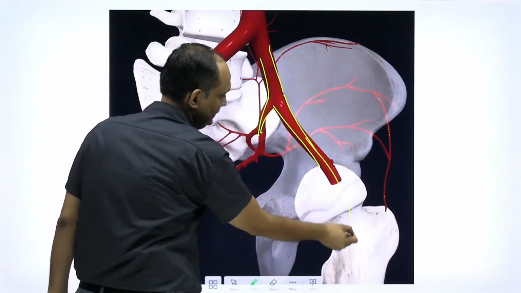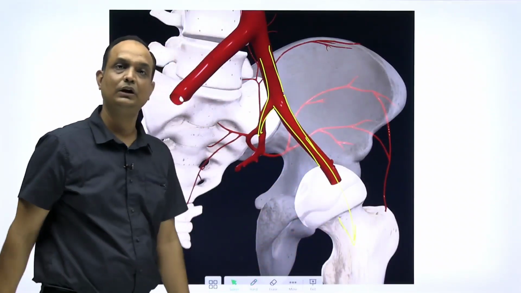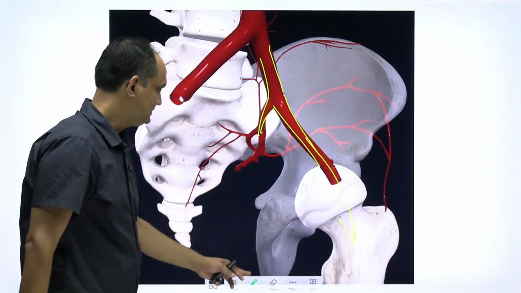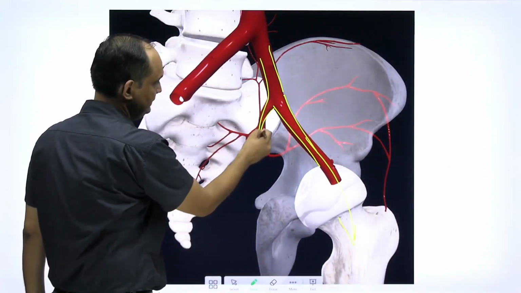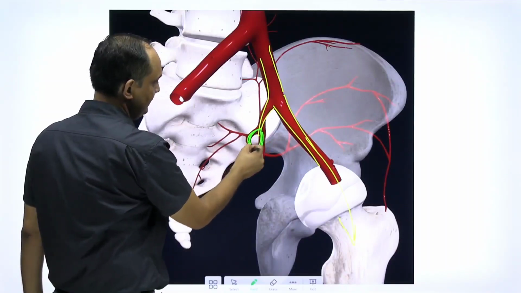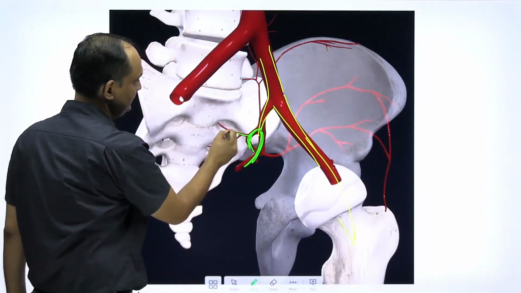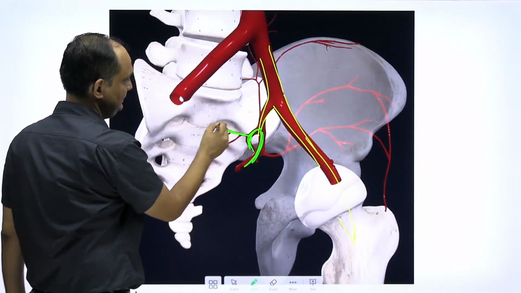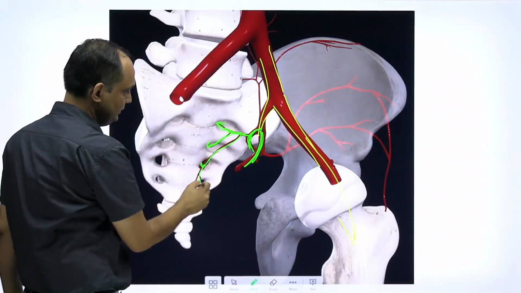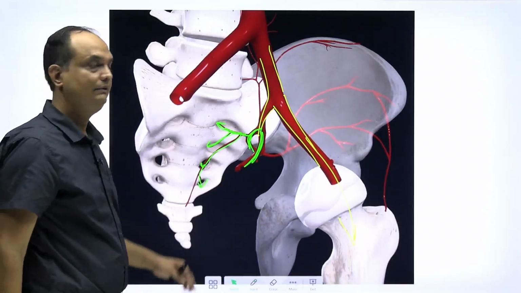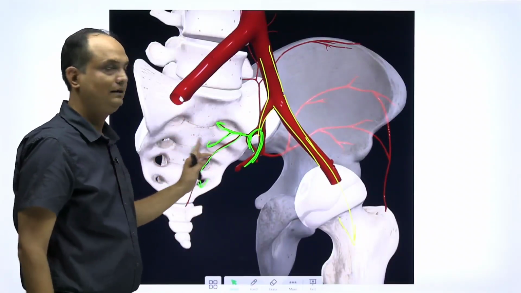The external iliac will enter the thigh as the femoral artery, but the internal iliac is further divided into the anterior division and the posterior division. The posterior division gives the lateral sacral artery, and these are the branches of the lateral sacral artery which enter the ventral sacral foramina and supply blood to the sacrum.